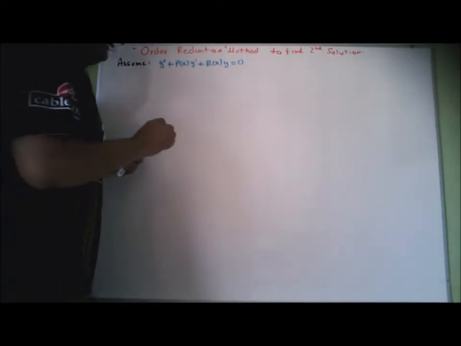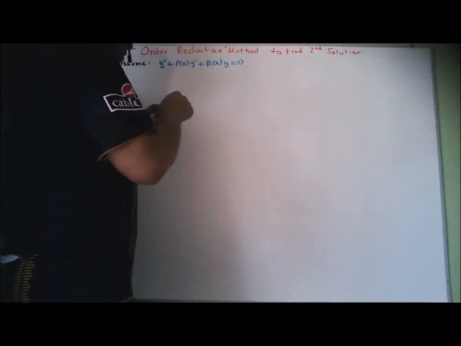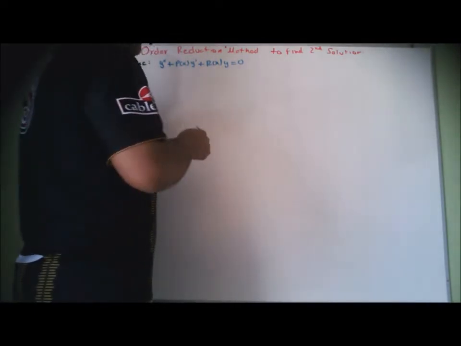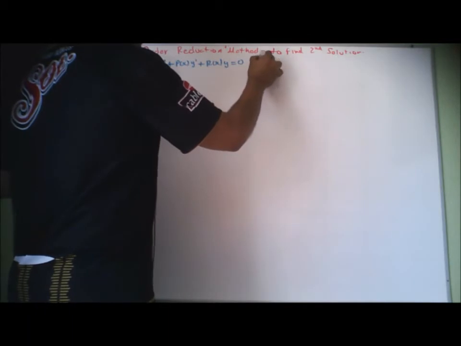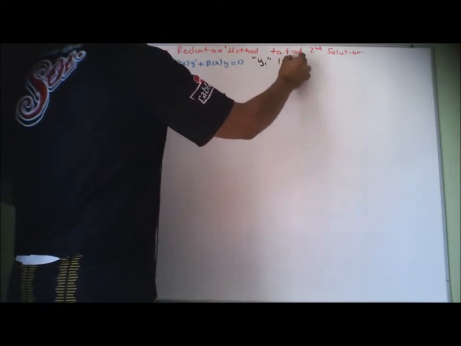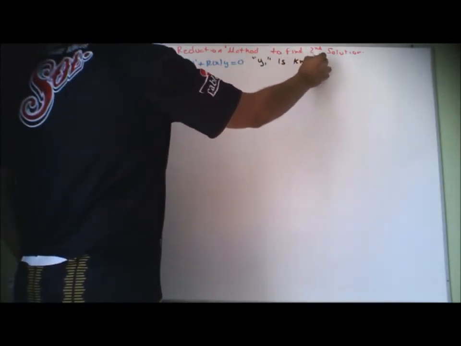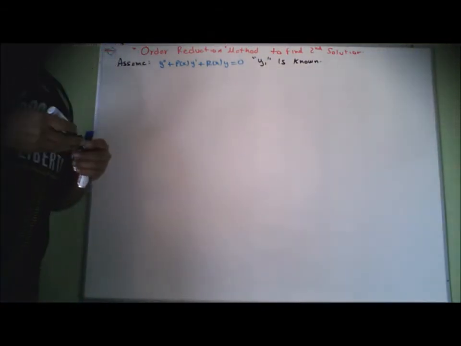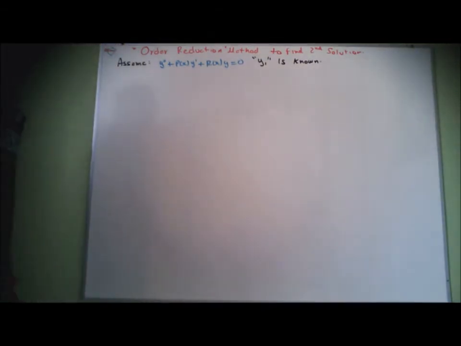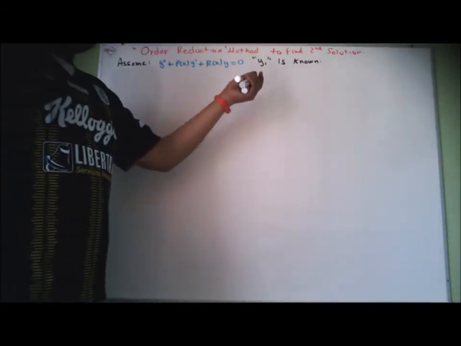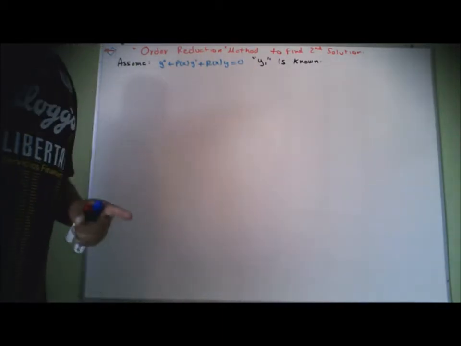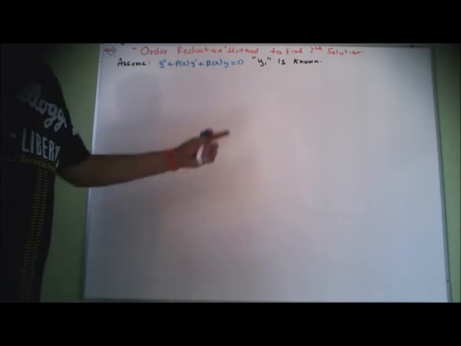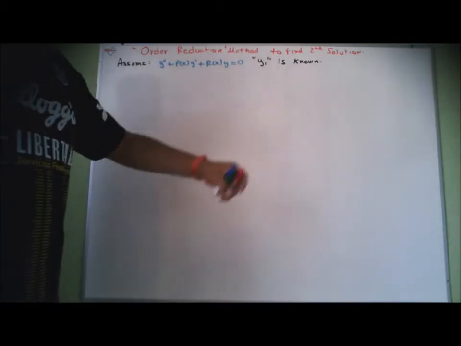Now let's make another assumption, that the first solution y1 is known. That we know what the first solution is. How do we get the first solution? We don't care how we get it. What we care is that we know the first solution.